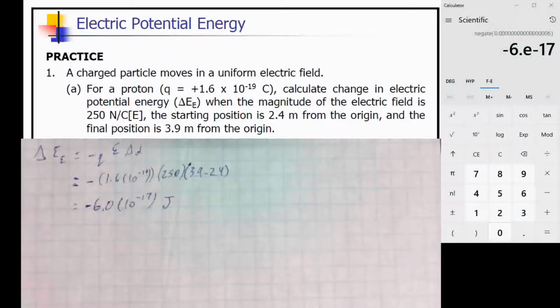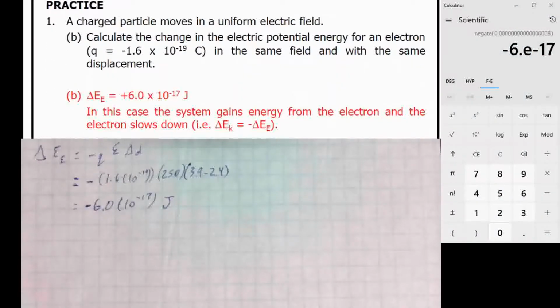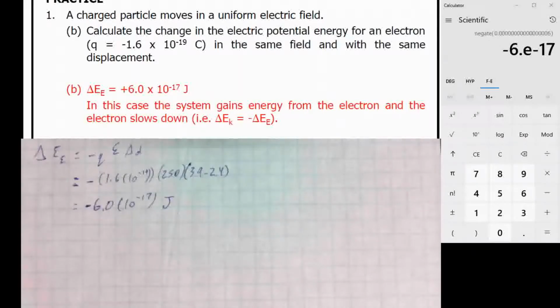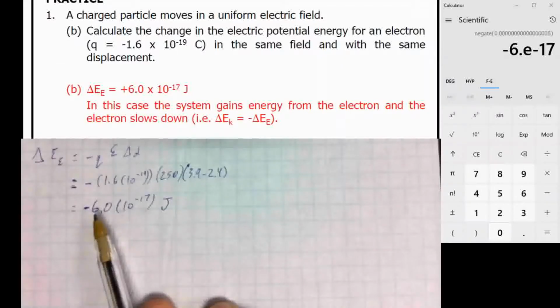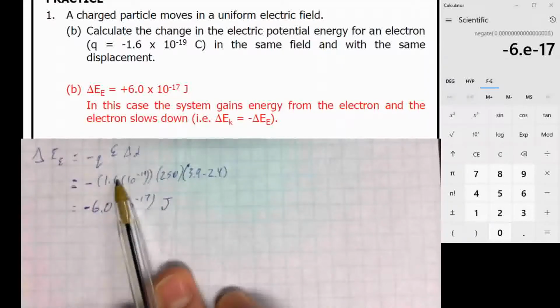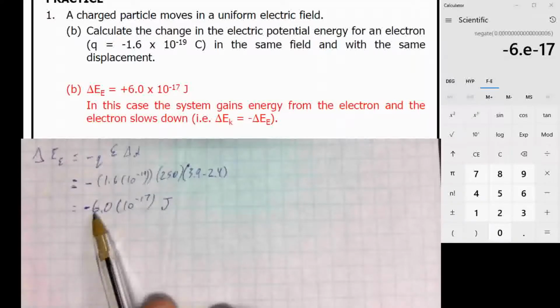So let's look at the next part of this problem. It says here a charged particle moves in a uniform electric field, and calculate the change in the electric potential energy for an electron in the same field. Now, if this was an electron, I won't do this, but the difference here would be that this term is negative, and then this becomes positive.